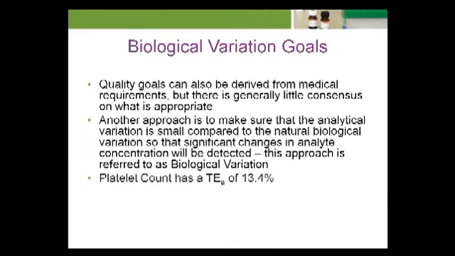For platelets, the within-person variation is 9.1%, and the between-people variation is 21%. It can be probabilistically computed that as long as the analytical response is within 13.4% of the target value, it will not have an adverse effect on the result.